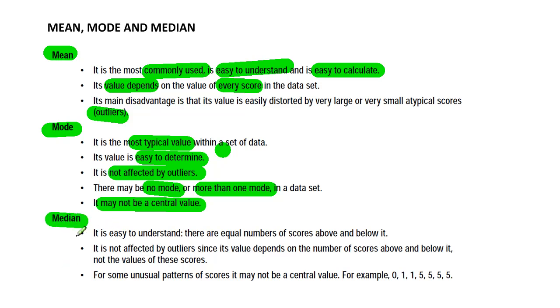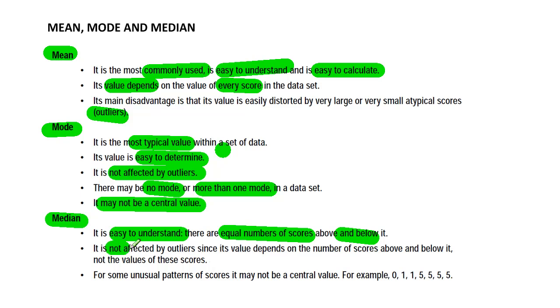What about median? Now you'll need to take some time to go through this and remember it, but once you've had a look at it, you'll understand it and try it out with a few practices. But let's look at median. Easy to understand, yes. Now it says there are equal number of scores above it and below it, so that should indicate middleness.